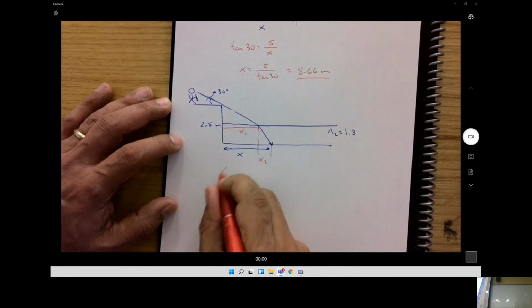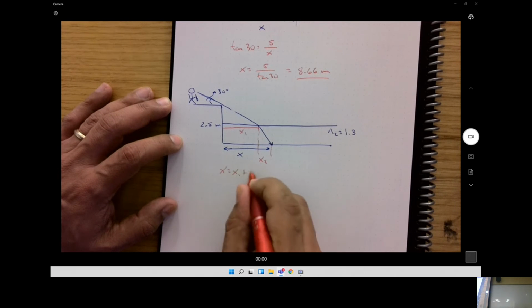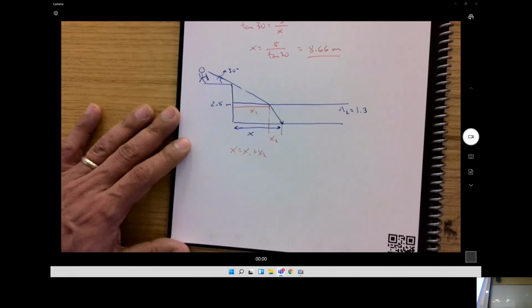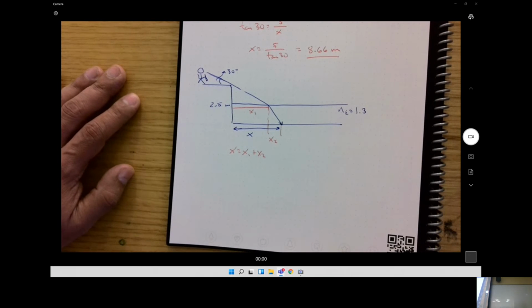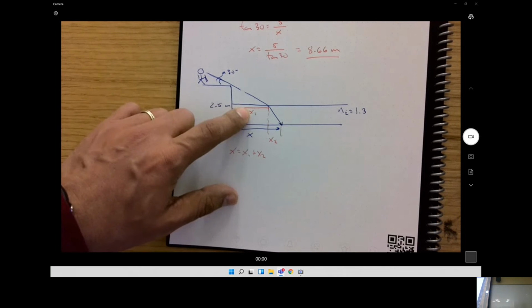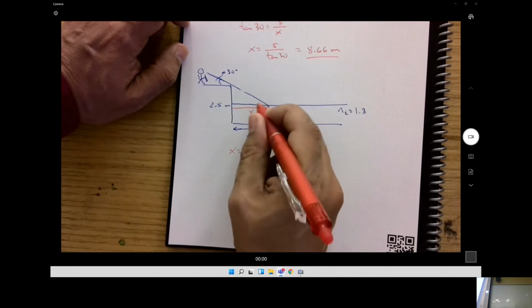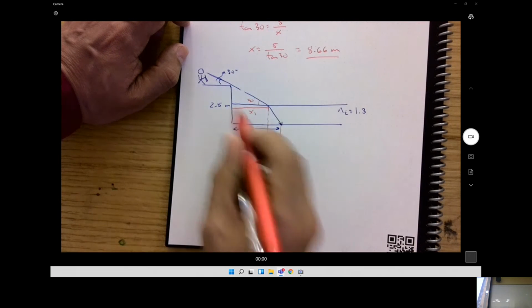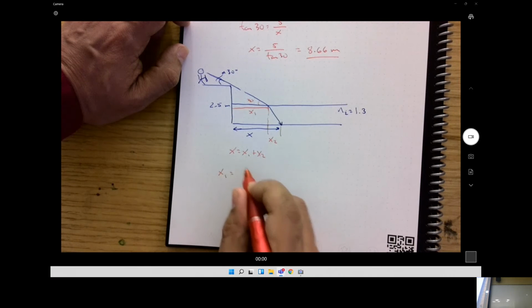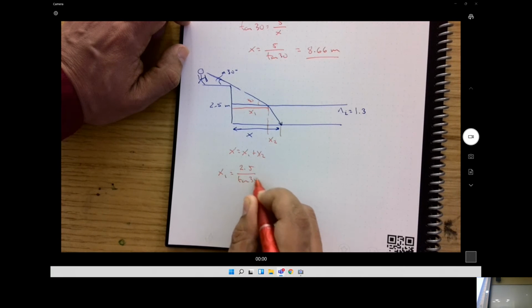And then my total distance x will be x1 plus x2. To calculate the x1, it's going to be pretty much the same thing that I did before. This angle is going to be 30 degrees over here. So x1 will be 2.5 over tangent of 30.